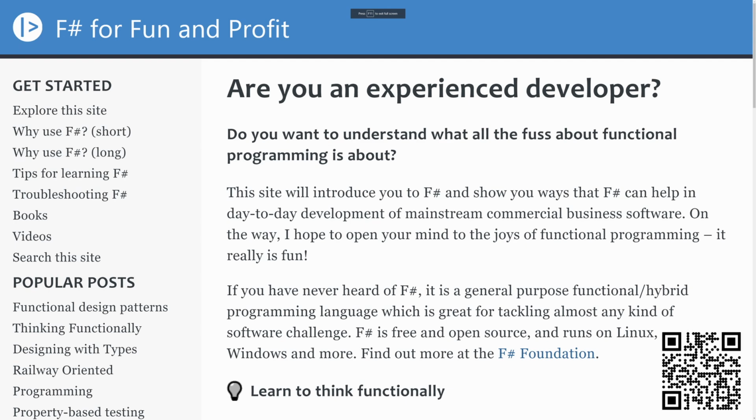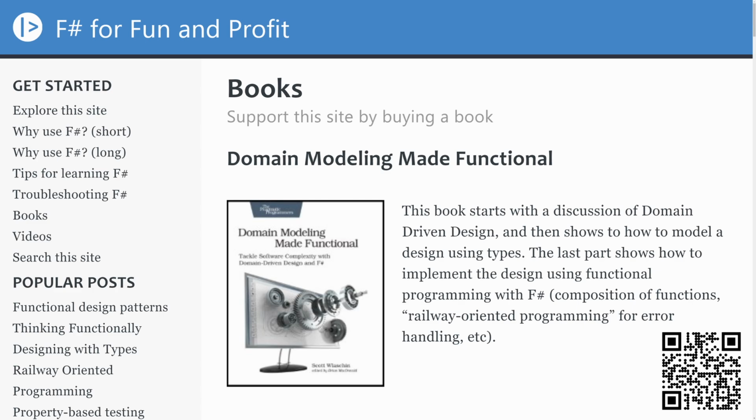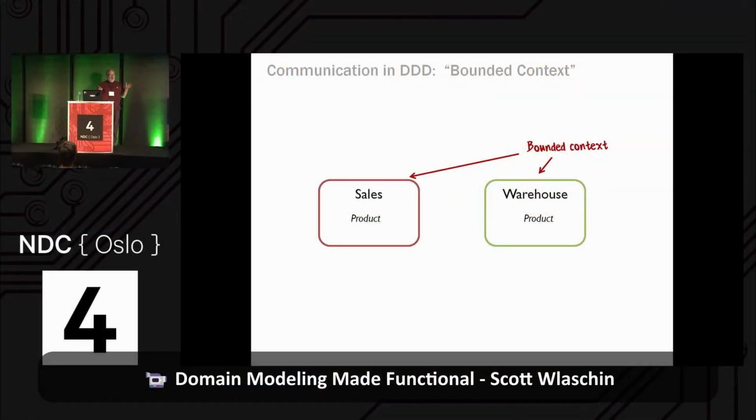But Scott Wlaschin, you are the author of F Sharp for Fun and Profit. You are the author of Domain Modeling Made Functional, and you are a consistent conference speaker at conferences such as NDC, as well as the other conferences that you may be featured in, but you tend to focus on F Sharp, really functional programming.